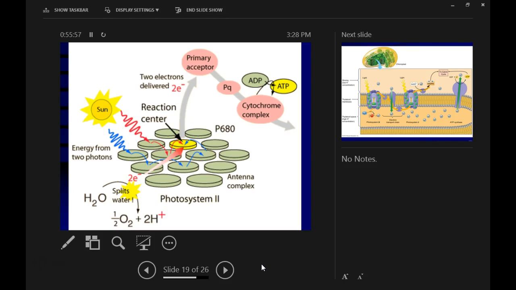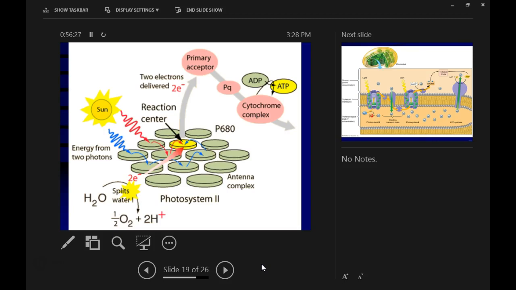What stage of aerobic cellular respiration uses cytochrome? Electron transport chain. Just like the inner membrane of a mitochondrion, the chloroplast also has an electron transport chain.